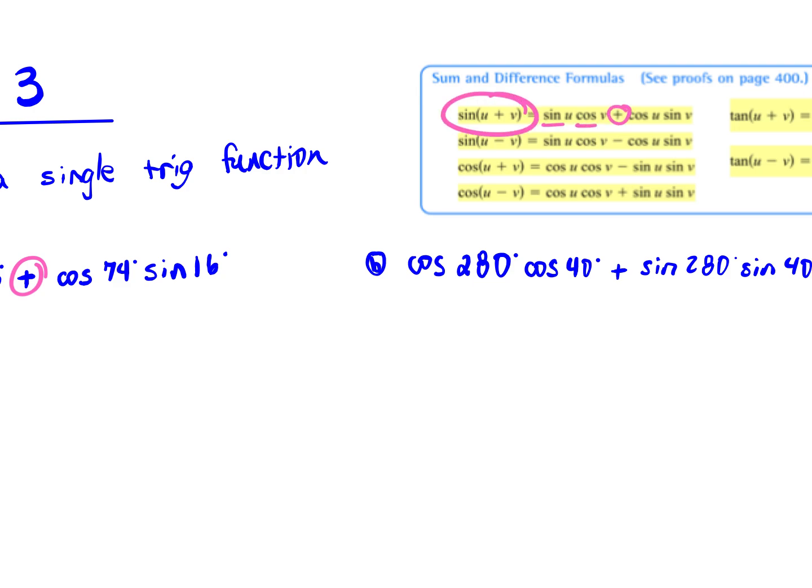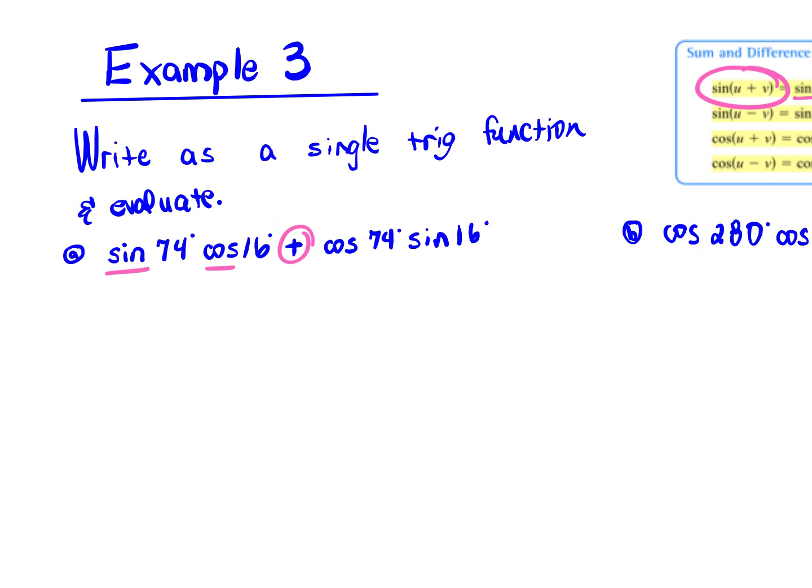So we're using sine of u plus v. So the first number is going to be our u. The second one's our v. So this is sine of 74 plus 16. So sine of, what's 74 plus 16? 90.